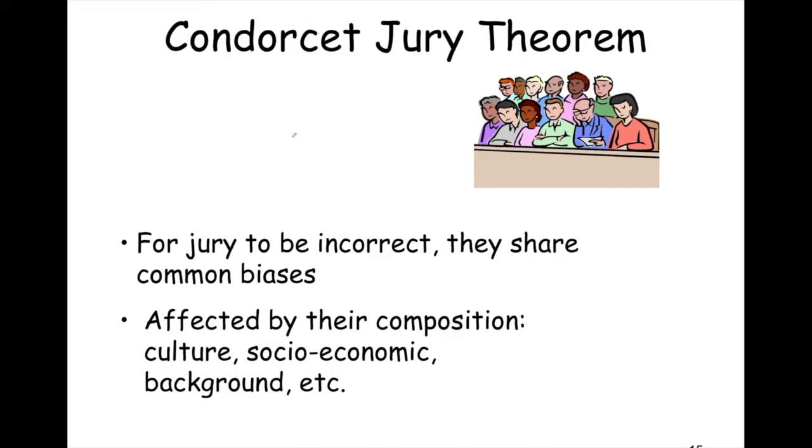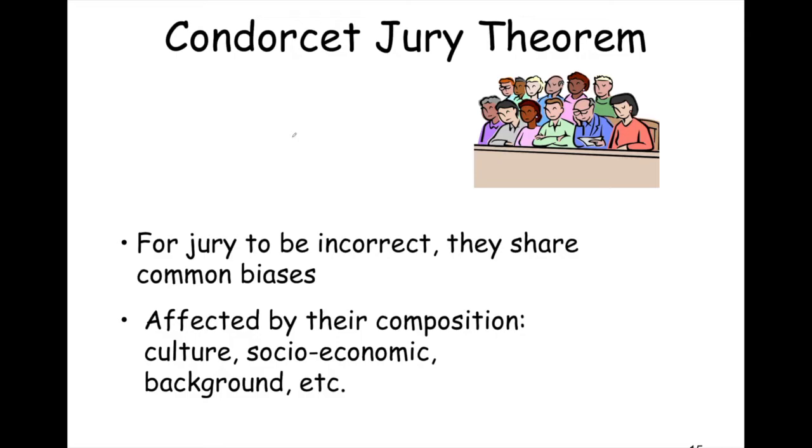Now, certainly, if a jury is incorrect, it means that they have to share some common biases. And in fact, when the prosecution and defense select the jury, they're trying to exploit these biases in favor of their client. And these things might be based on certain factors of the juror pool, things like socioeconomic background, maybe culture, country of origin, and so forth.